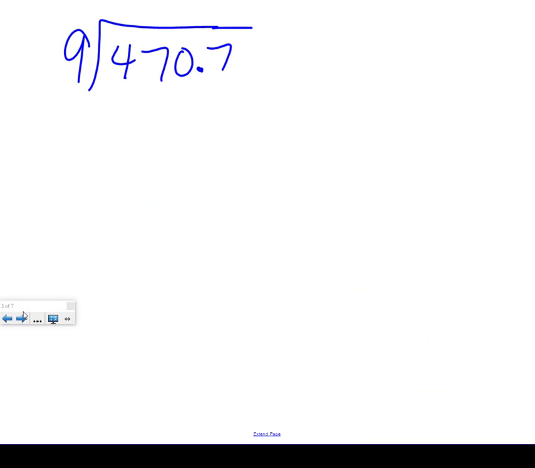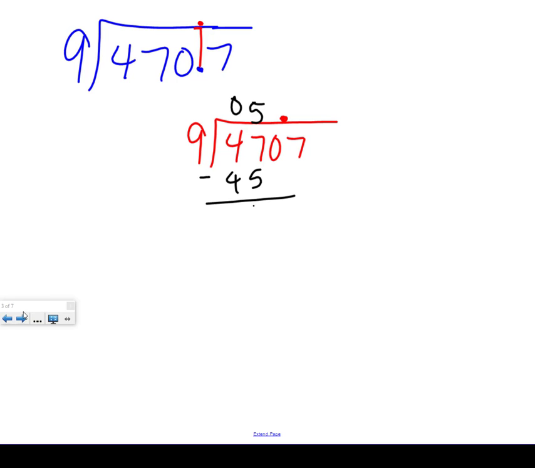Okay, same thing here. We're going to bring our decimal straight up into our answer. And then we are going to use long division, just like they're whole numbers. All right, so here we go. 9 does not go into 4, but 9 does go into 47 5 times. 5 times 9 is 45. I subtract and I get 2.